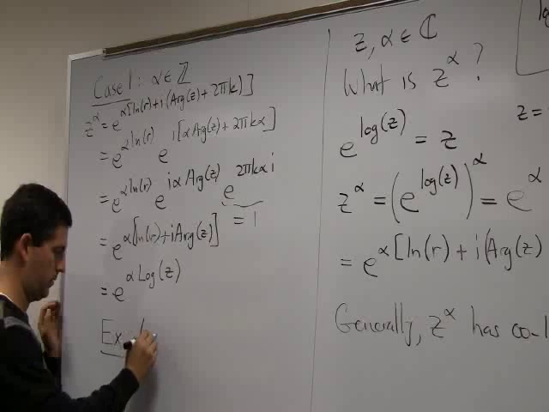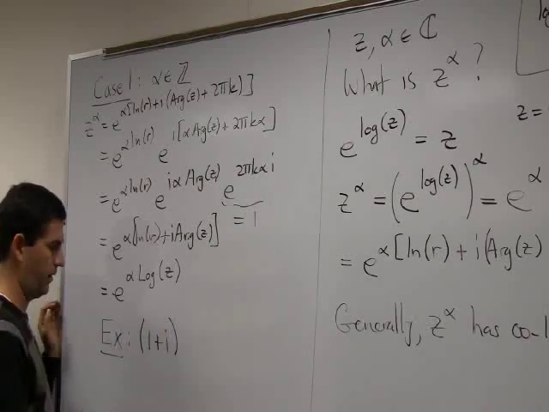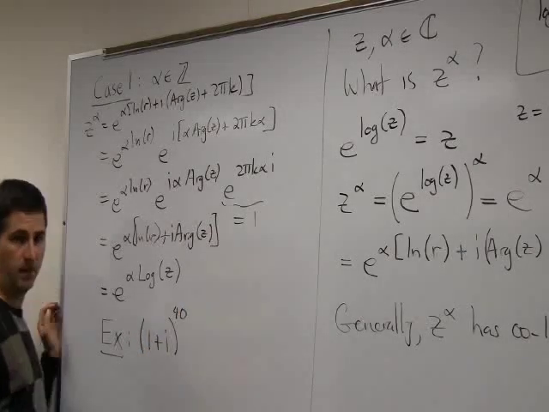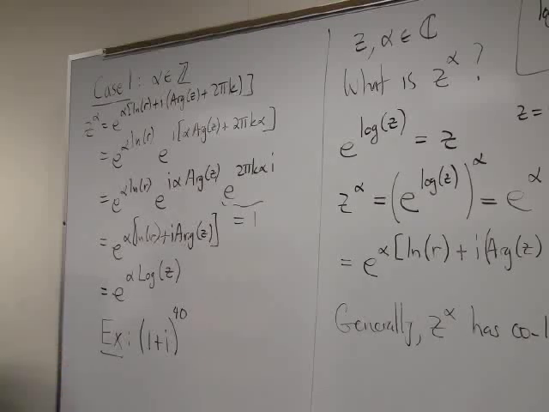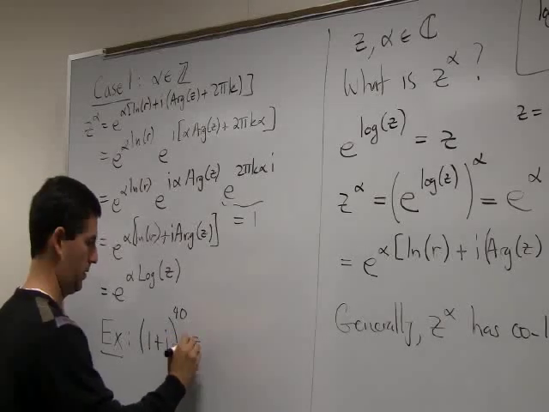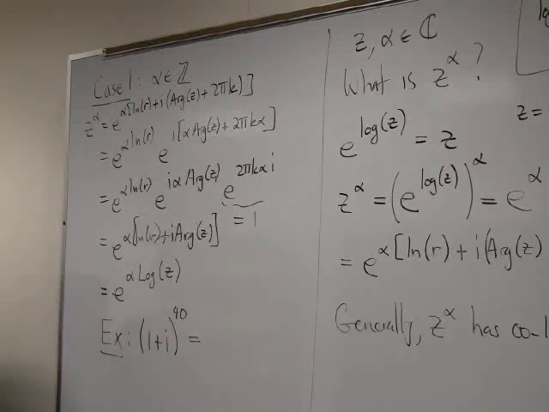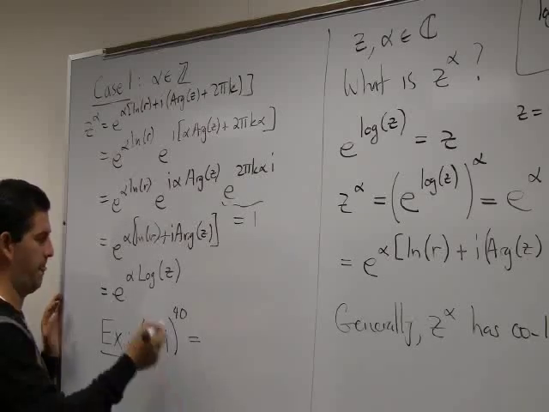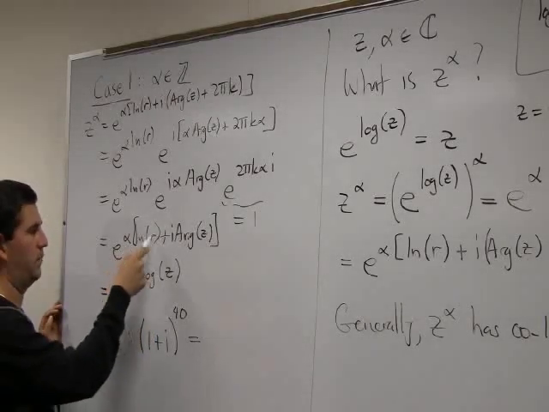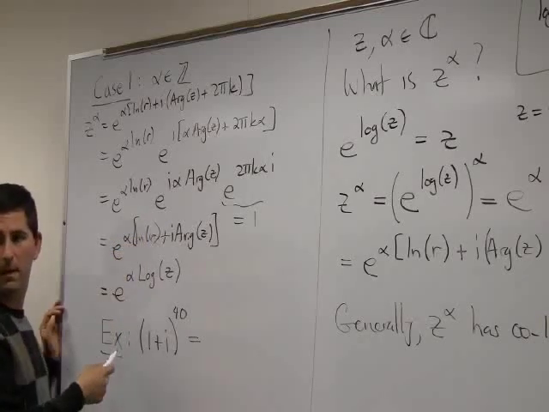So let's say I want to take 1 plus i and raise it to the 40th power. What should this be? Let's put it in this form here, maybe.